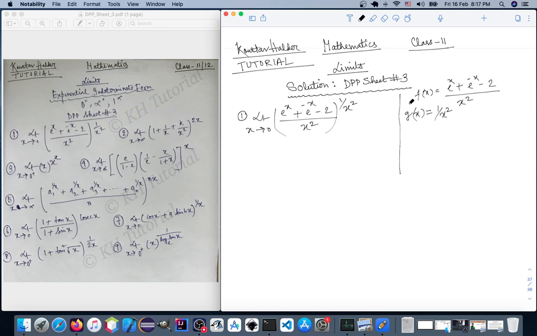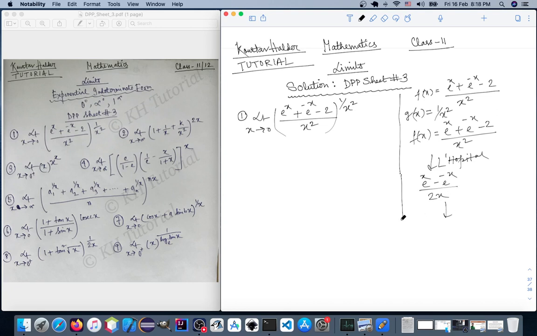So quite obviously, or most probably, f(x) will tend to 1. But you can always check that since it is taking the form 0 by 0, you can use L'Hopital's rule and check that it is indeed tending to the value 1. If we apply L'Hopital, we get (e to the power x minus e to the power minus x) by 2x.